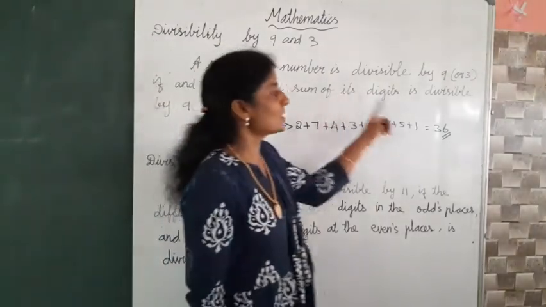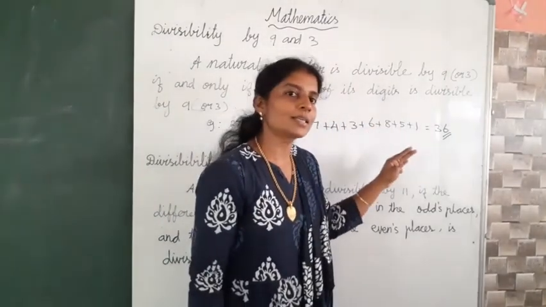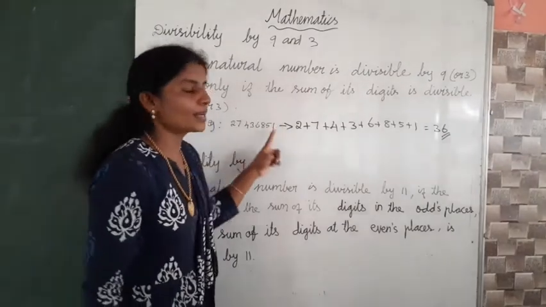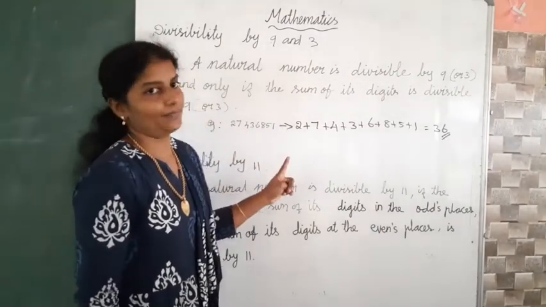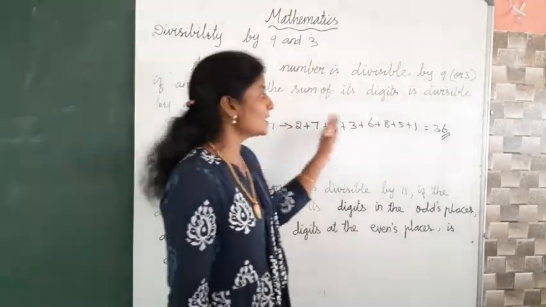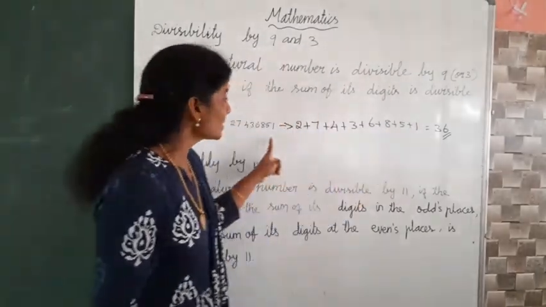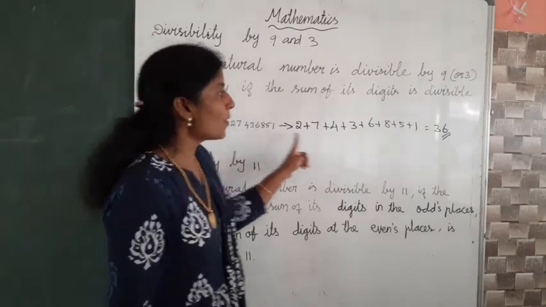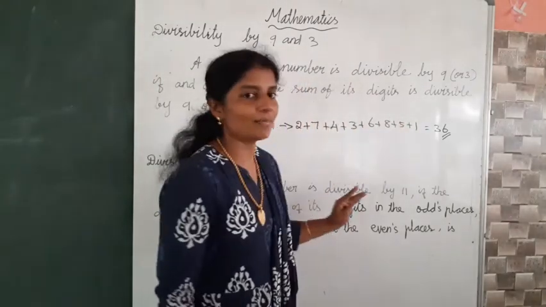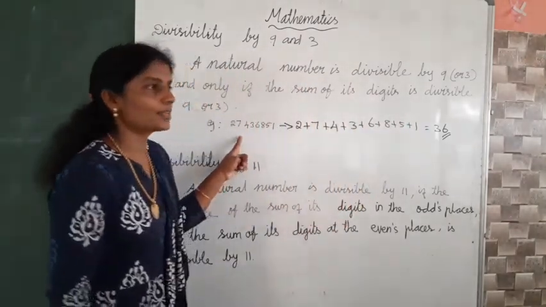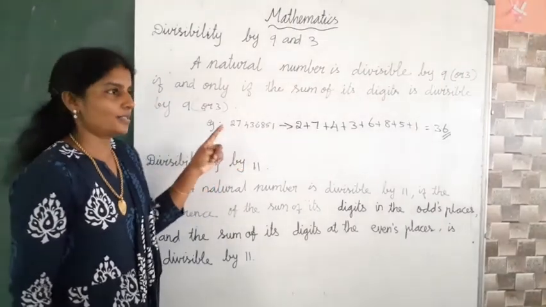If the sum of the digits is divisible by 3, the number is also divisible by 3.